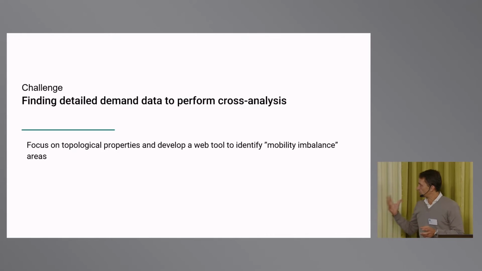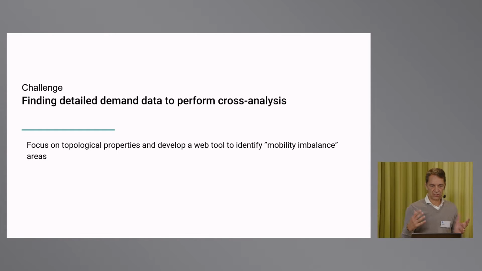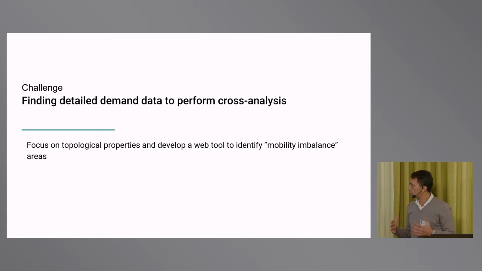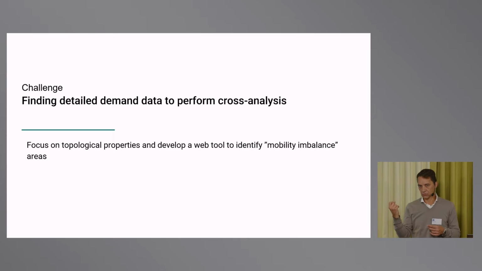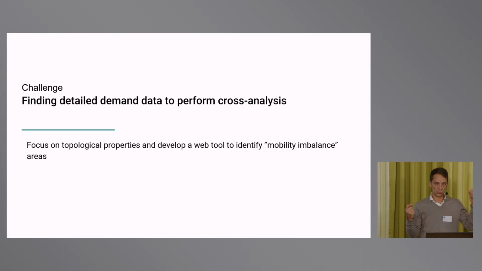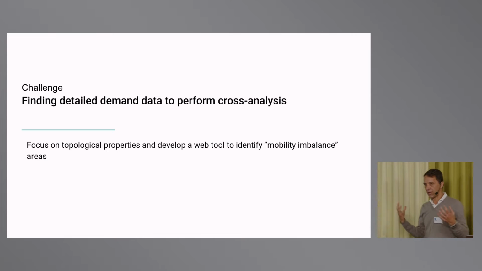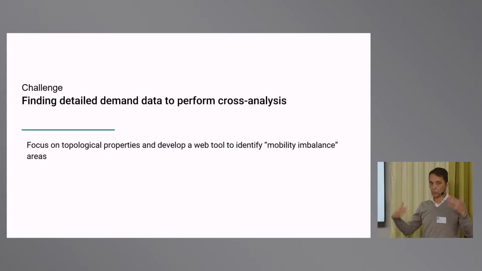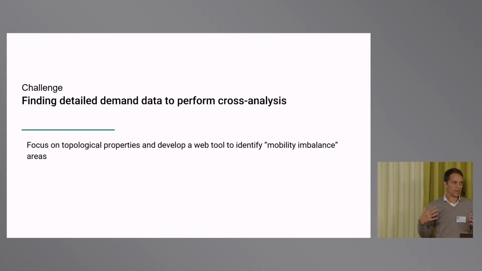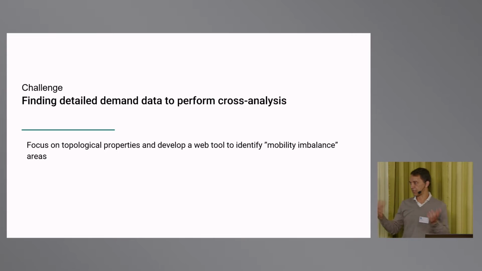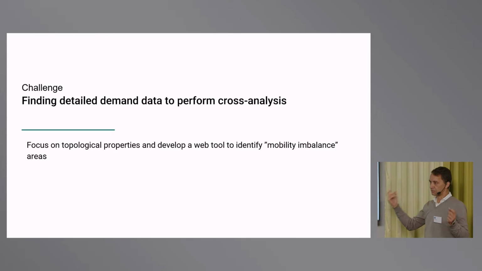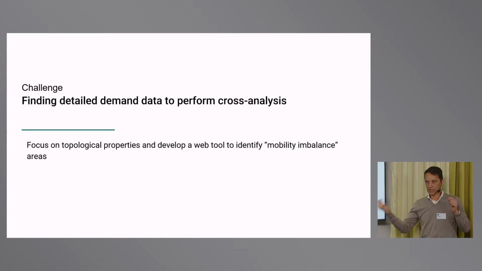So we also found some challenges. The challenge, most importantly, was to find detailed demand data to cross the topological analysis with demand. Because of course, when you find a hole or a mobility imbalance, that might be because there is no demand for that particular trip between two areas of the city. There is always a chicken and egg problem.